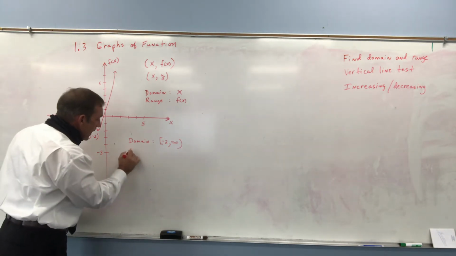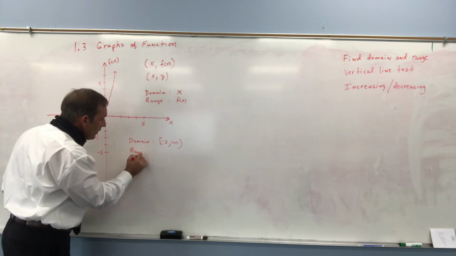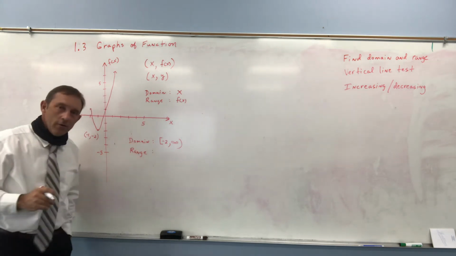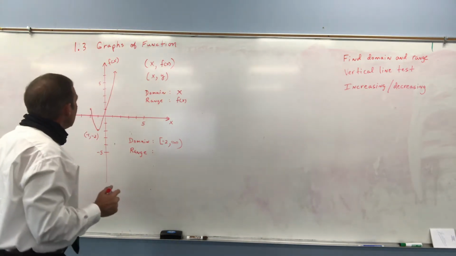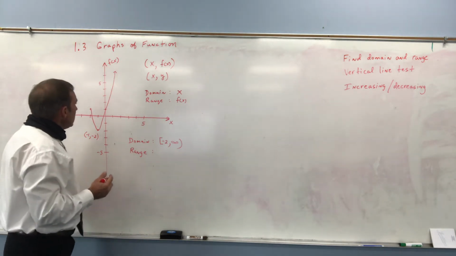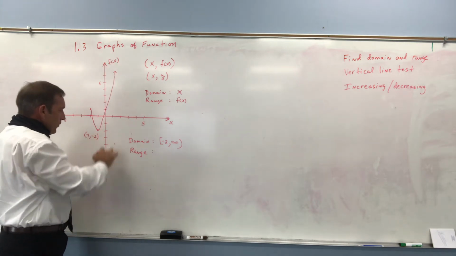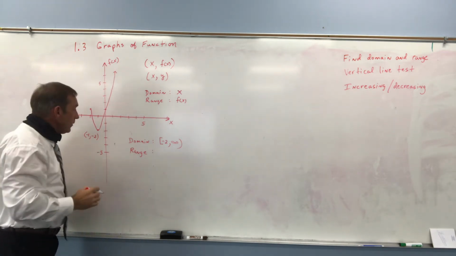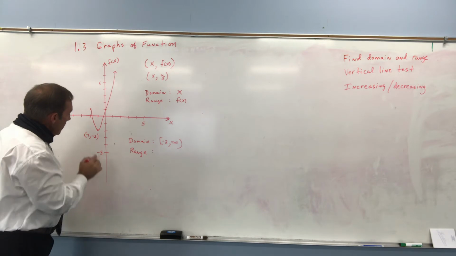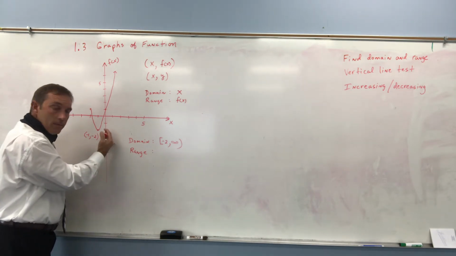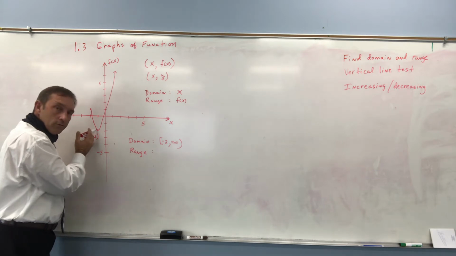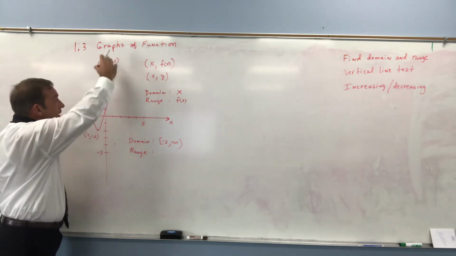Now, the range has to do with the function values that the graph has. And so that's going to have to do with this vertical axis. And what I noticed is it bottoms out right here at -2. This is the smallest y value this graph ever has.